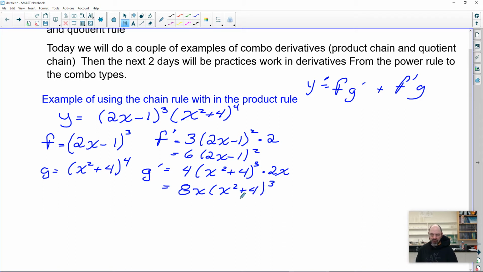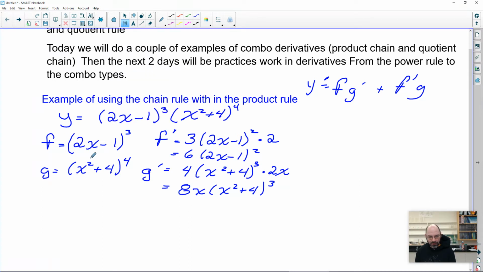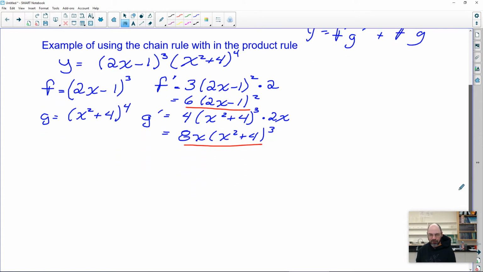Now we're going to apply the product rule using what we have here, and I'll just change color for a second. We're going to be using our original equations and then these two derivatives in each of our areas of the product rule. So now we're going to apply the product rule: f times g prime.